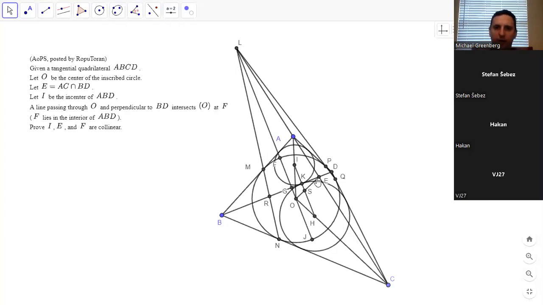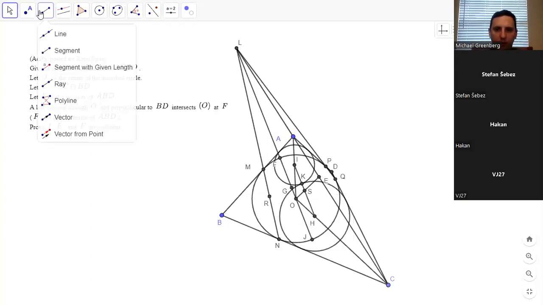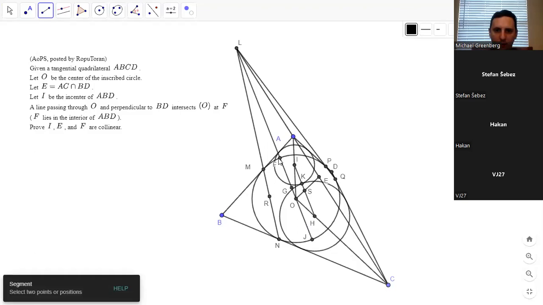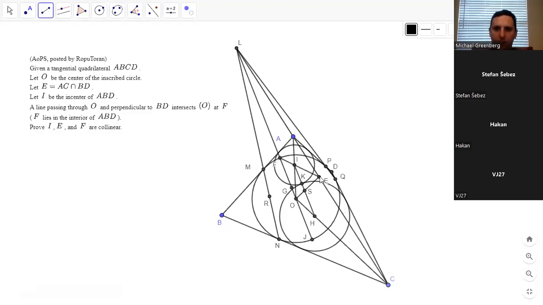So I think we know that FI, JH, and OS concur. We just don't know that they concur on BD, right? Yeah, because they're parallel. So maybe we could hide BD, and we know that these three concur, and we have to show that the point they concur at is on BD.